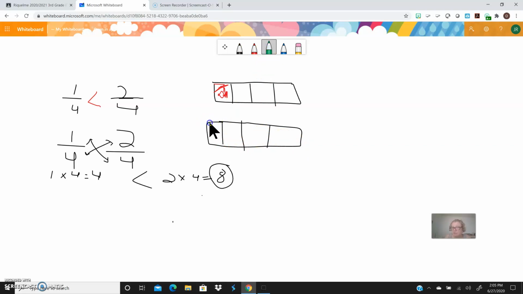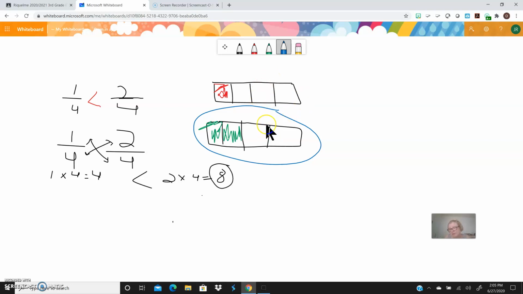Now I'm going to shade in 2 pieces. 1, 2. Okay, so out of this candy bar and this candy bar, which one has more pieces shaded? You're right, it's this one. So this fraction is greater.